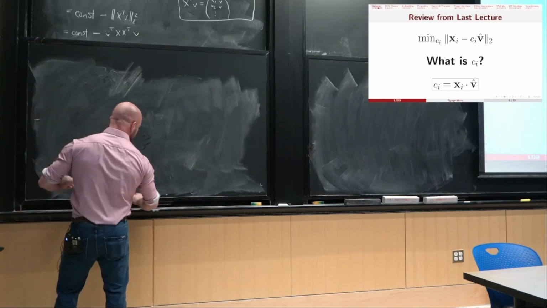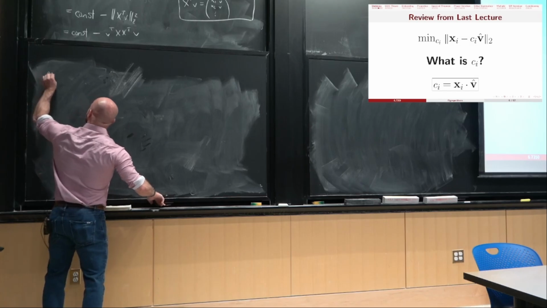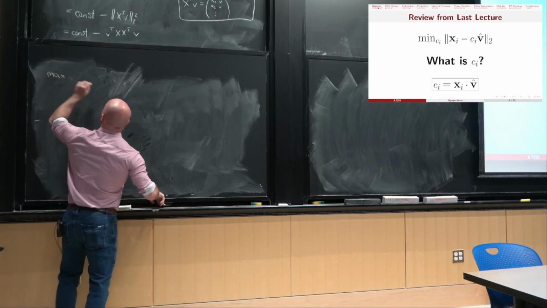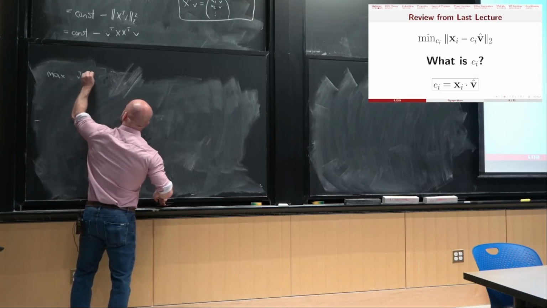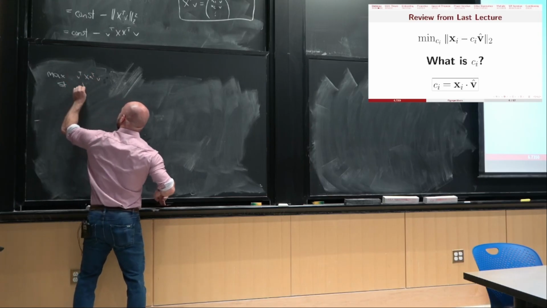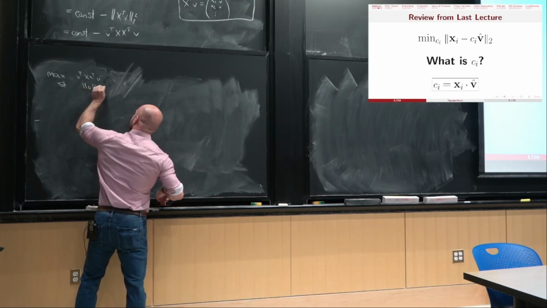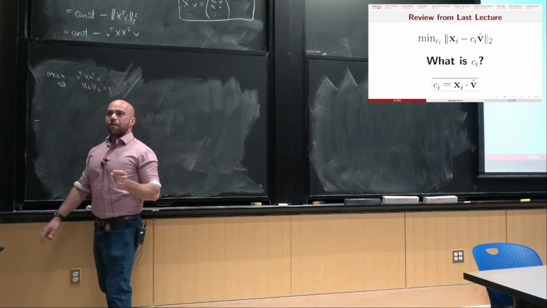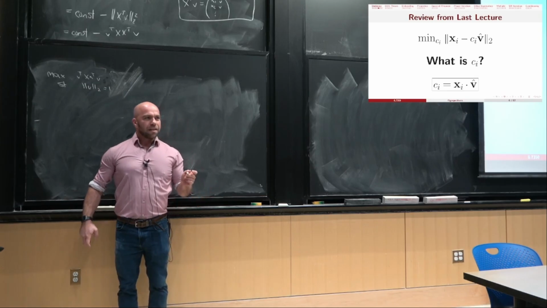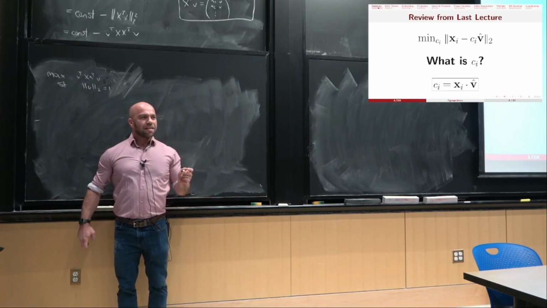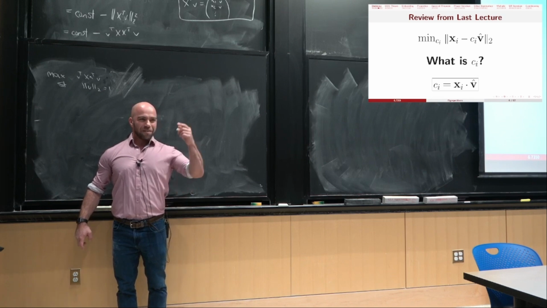Okay, right. So basically what we've shown is that our optimization problem is equivalent to maximizing over v, v transpose x, x transpose v, subject to the constraint that the norm of v is equal to 1. Sure, what Hamid said.